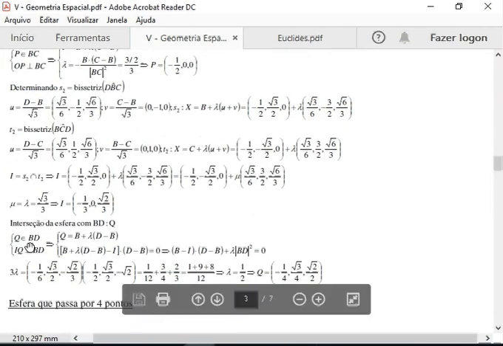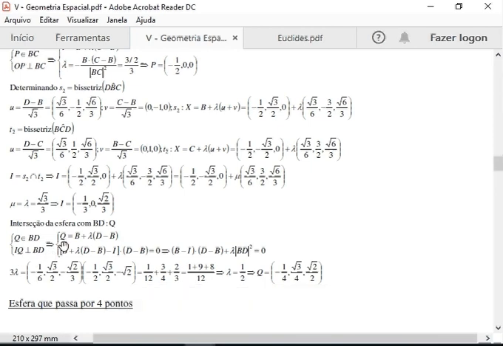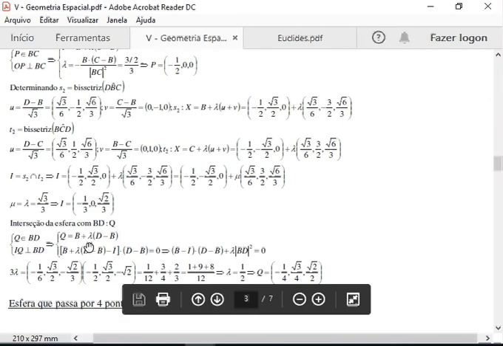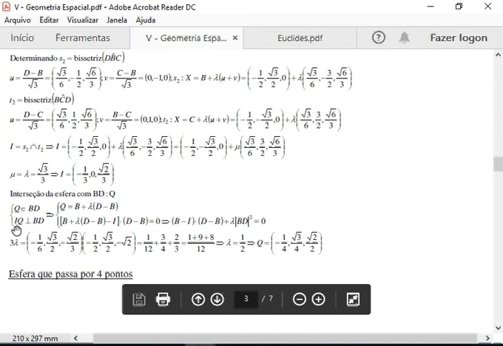Now we're going to use the intersection of the sphere with BD, the point Q in BD. IQ is perpendicular to BD, the same reasoning. Q is B plus lambda (D minus B), and the inner product of (Q minus I) with (D minus B) is equal to 0.